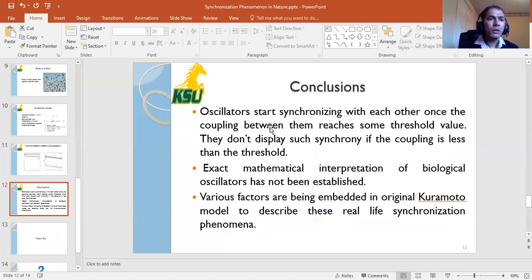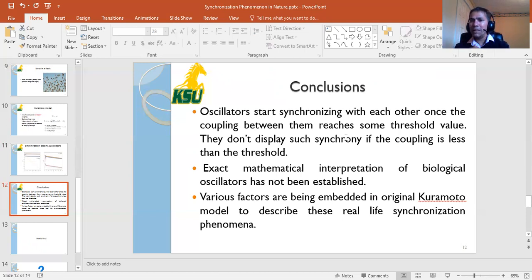Now, let me draw some conclusions from this entire discussion. Oscillators start synchronizing, meaning showing collective behavior with each other, once the coupling between them reaches a certain threshold. They start interacting with each other.